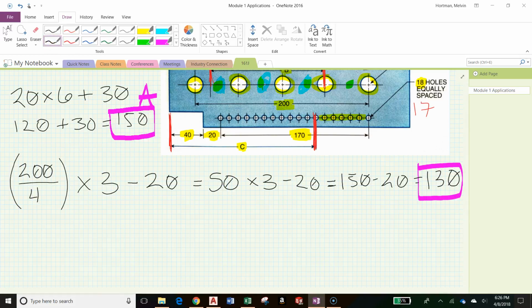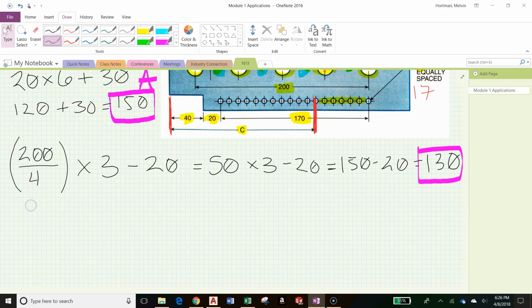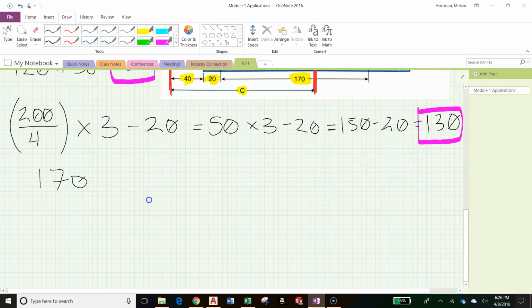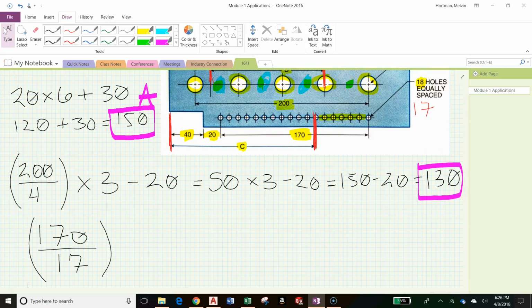So let's do this. We have 170 divided by 17. And then how many do we need? We need 1, 2, 3, 4, 5, 6, 7, 8, 9, 10, 11.